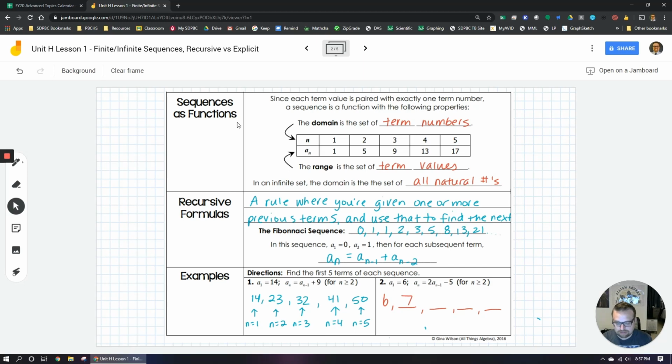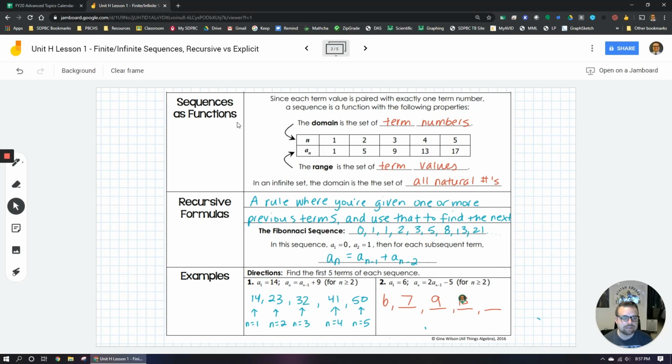So let's look at the third term. The third term can be found by doubling the term before it and then subtracting 5. So 2 times 7 is 14, and 14 minus 5 is going to give me 9. Okay, so 9 will be my third term. The next term is going to be double the term before it, minus 5. So 9 times 2 is 18, and 18 minus 5 is 13.